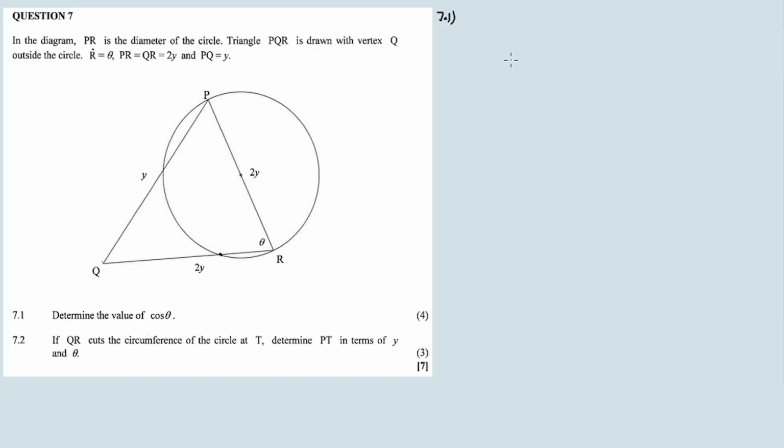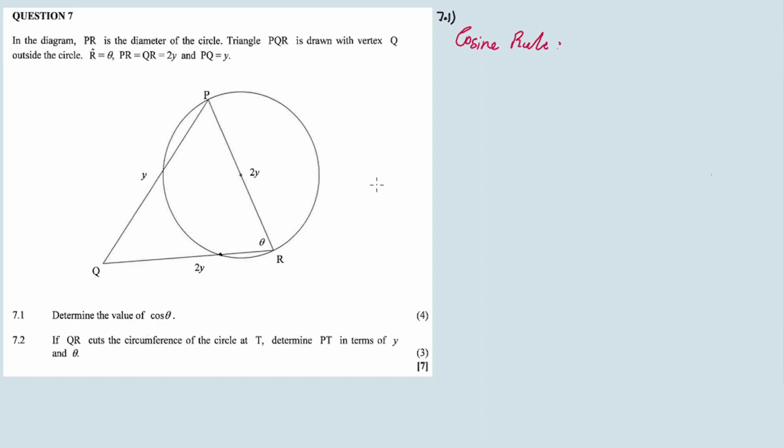But here we apply the cosine rule. Why? Because we have to find the value of cos theta, and I'm given angle theta, the adjacent sides between the angle theta, as well as the length of the opposite side of this angle. So therefore, we apply the cosine rule.